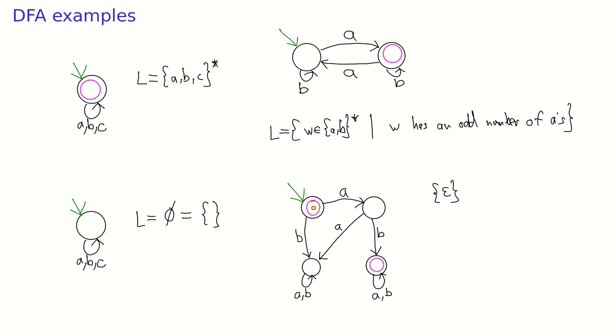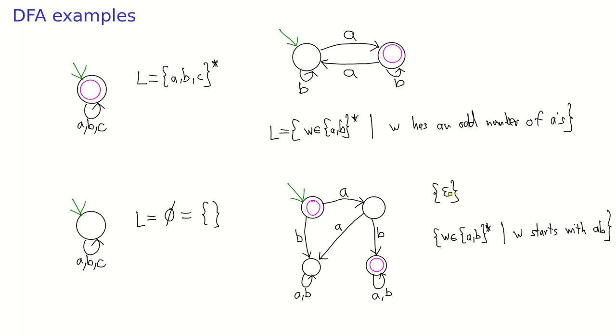So if the word starts with A, B, then we will accept it in this state. So this state accepts all the words that start with A, B. You can write it like this: the set of strings w from {A, B}* such that w starts with A, B.